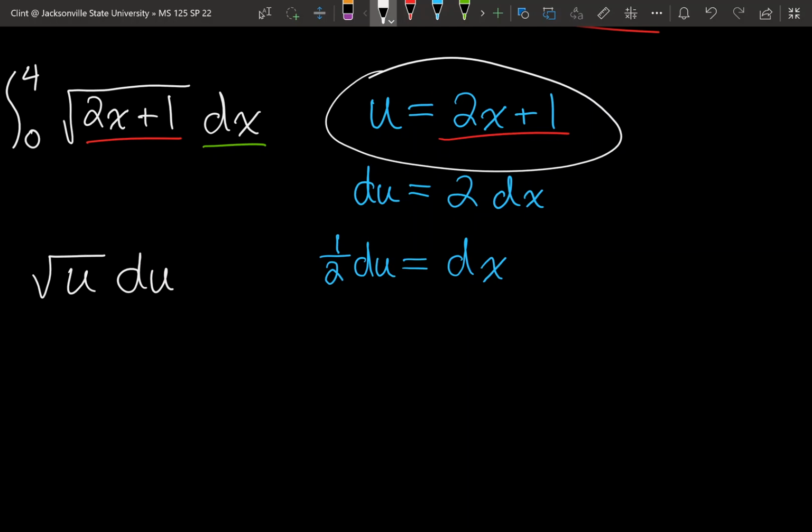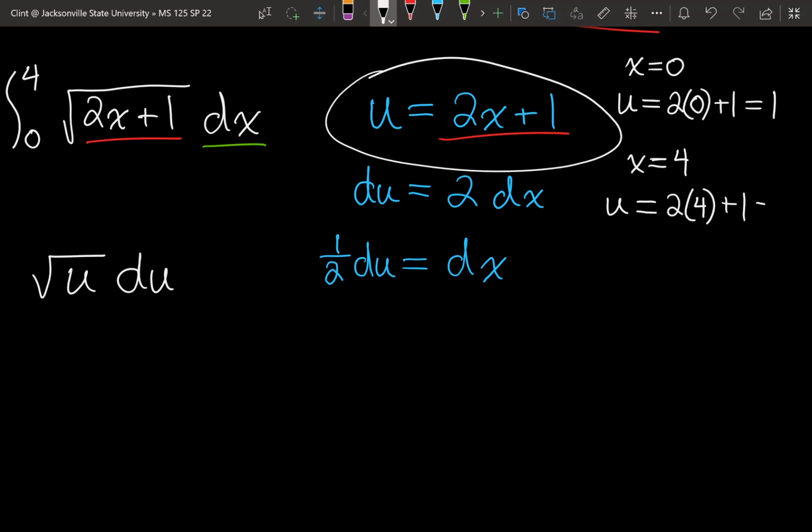So when x equals 0, u will be 2 times 0 plus 1. So that's 1. And when x equals 4, our upper limit, u will be 2 times 4 plus 1. So we get 9.